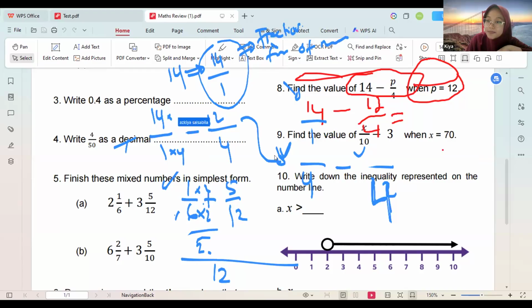Is that right? Yeah. So what is the answer? 14 times 4. What is the result? 56.